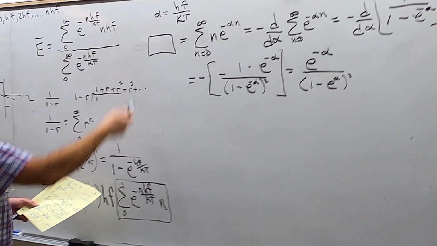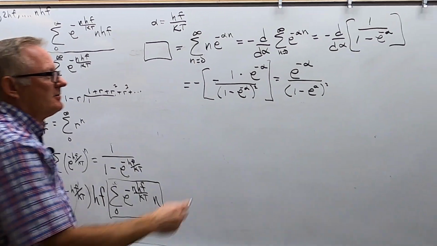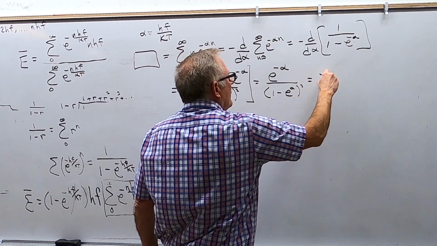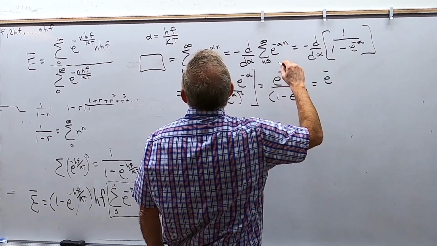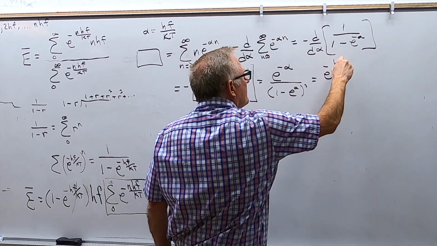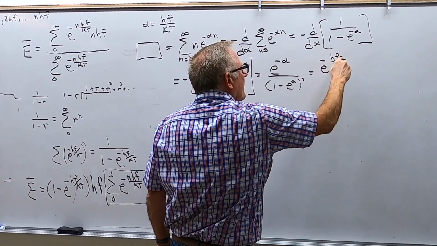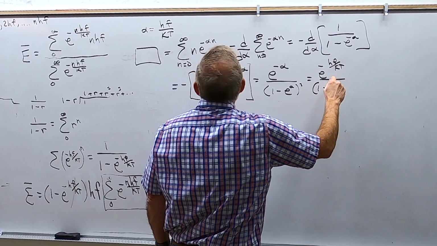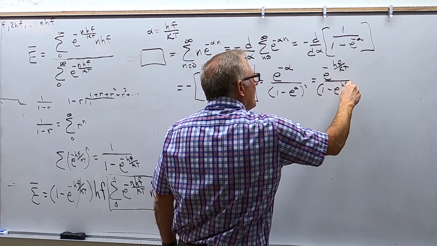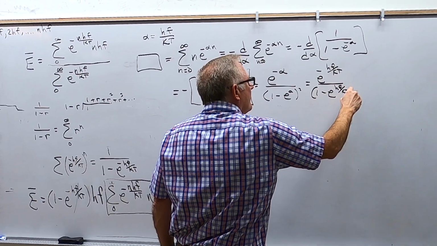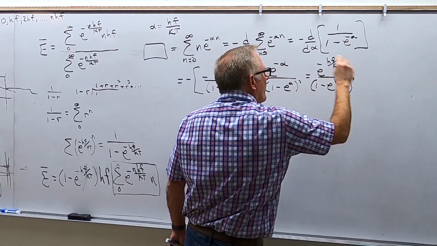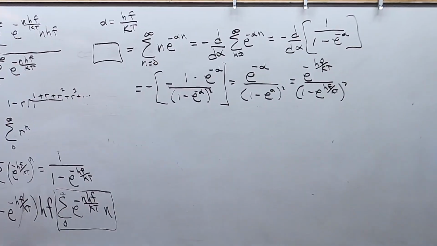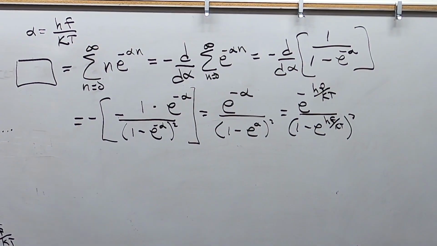Okay, now I can plug back in what my alpha is. So this is just e to the minus hf over kT, all over 1 minus e to the minus hf over kT, squared. That's everything in the box.